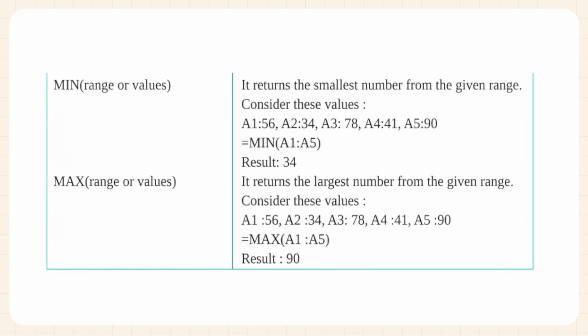MIN(range or values) returns the smallest number from the given range. Consider these values: A1 56, A2 34, A3 78, A4 41, A5 90. =MIN(A1:A5). Result: 34.